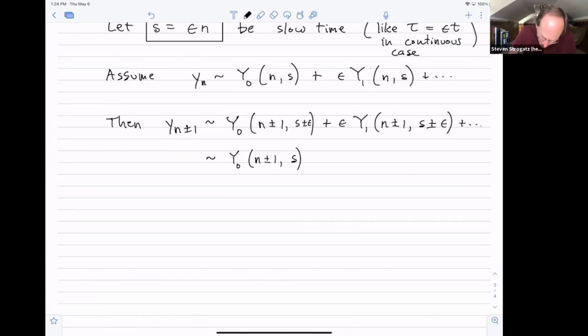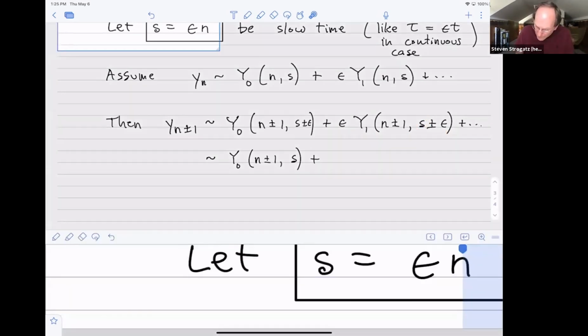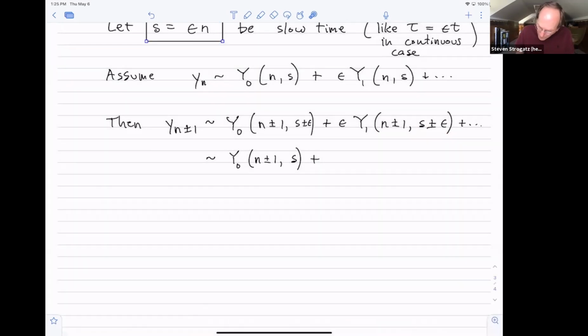So I claim there are two corrections. One of them is just what you get from this term. If we ignore the fact that s has changed to s plus or minus epsilon, if we just replace it by s, that will incur an order epsilon error. And that order epsilon will multiply this order epsilon to make an order epsilon squared that's going to get put into this garbage pile that we're not dealing with.